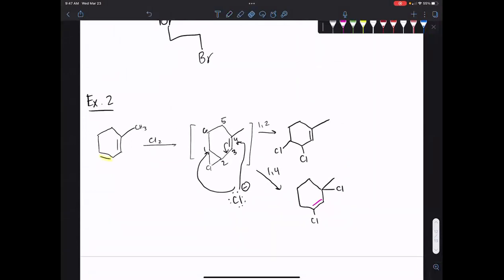But the product is right though. You're going to get the same product either way, whether you attack at 2 or at 1. But the idea is that 2 is more susceptible to attack because it's allylic. So that carbon is a little bit more electropositive and a little bit more apt to accept a pair of electrons. So that's good. And then the 1-4, probably bet.